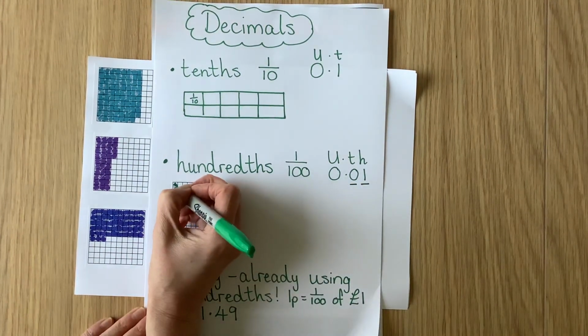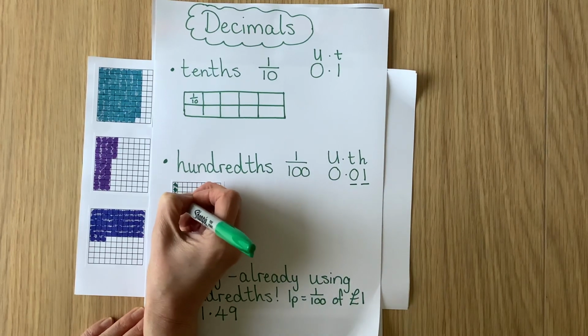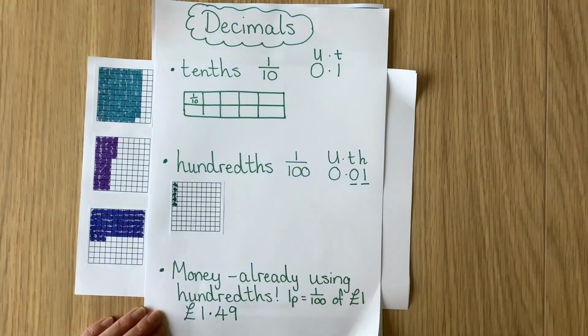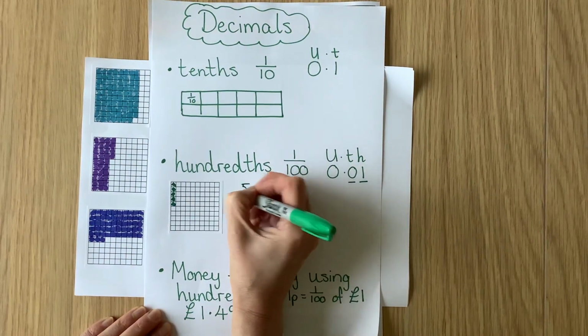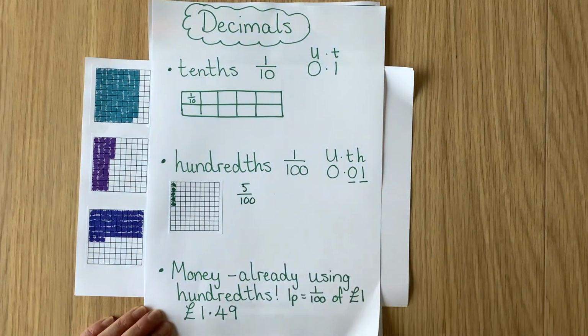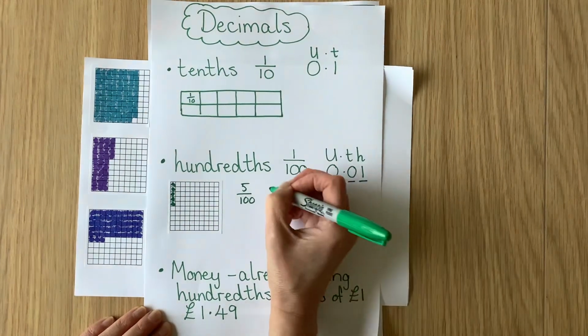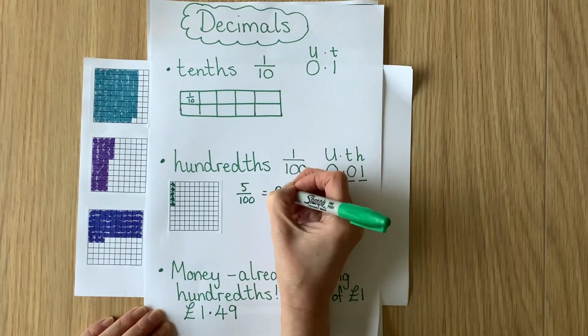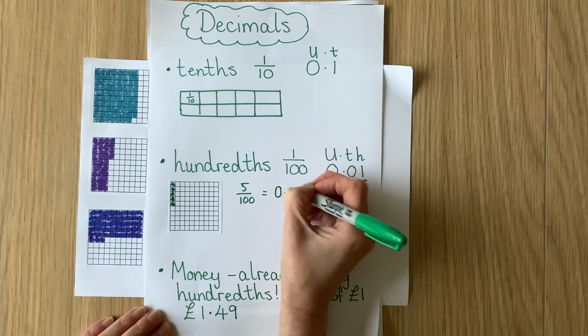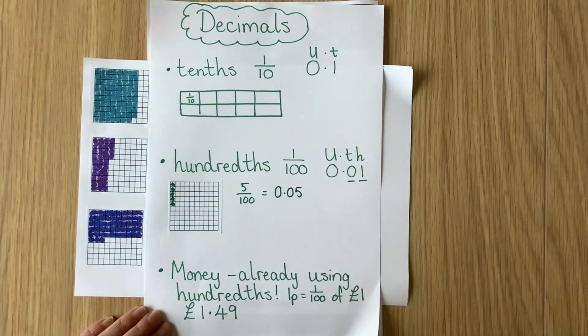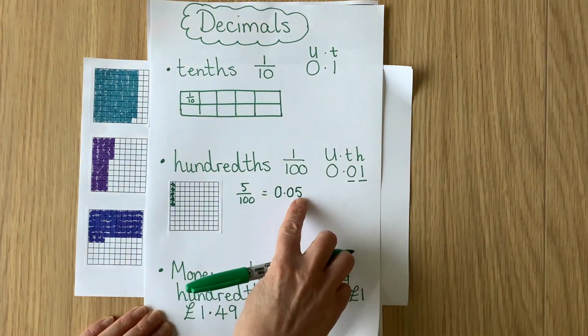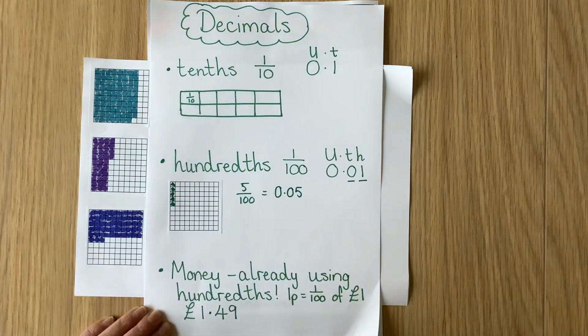If I was to colour in a few more, so let's say now I've coloured in 5 of them. If I've coloured in 5 of them, I could say I've coloured in 5 hundredths. And to write that as a decimal, I would write down 0.05. 0.05 just means I've coloured in 5 out of 100.